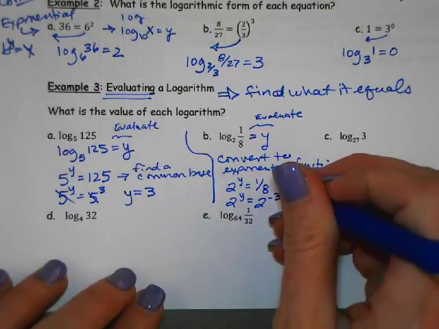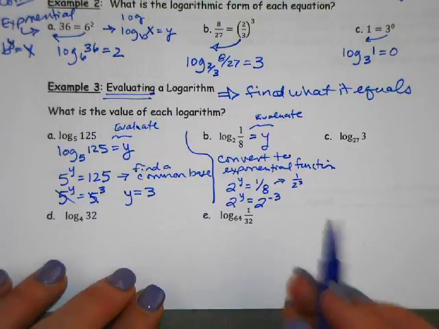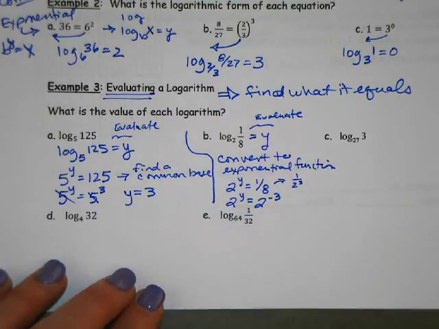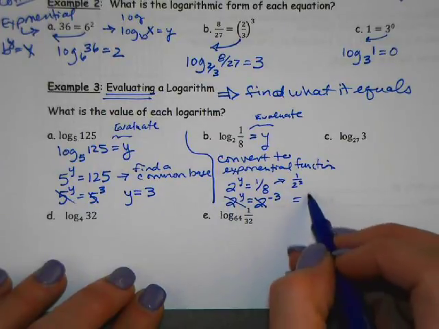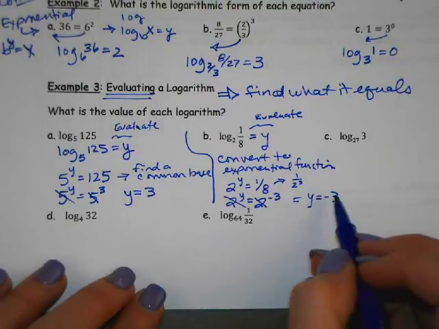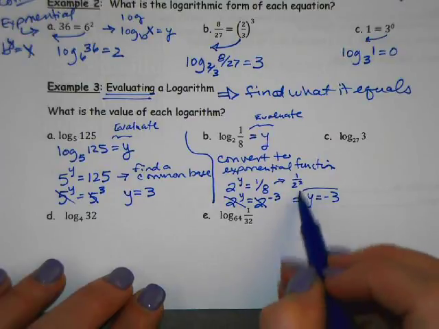Okay? Because this is actually going to be 1 over 2 cubed, right, to the third, and that becomes 2 to the negative 3. Right? So now the bases drop, and then I could rewrite y equals negative 3. Just put the exponents equal to each other, and that's my answer. Okay? So then that's my answer.